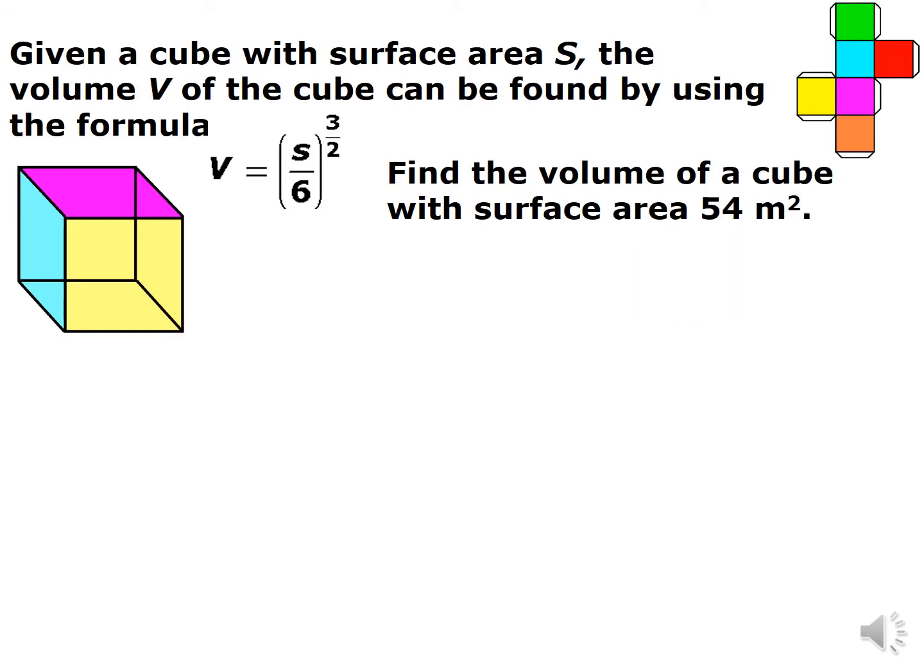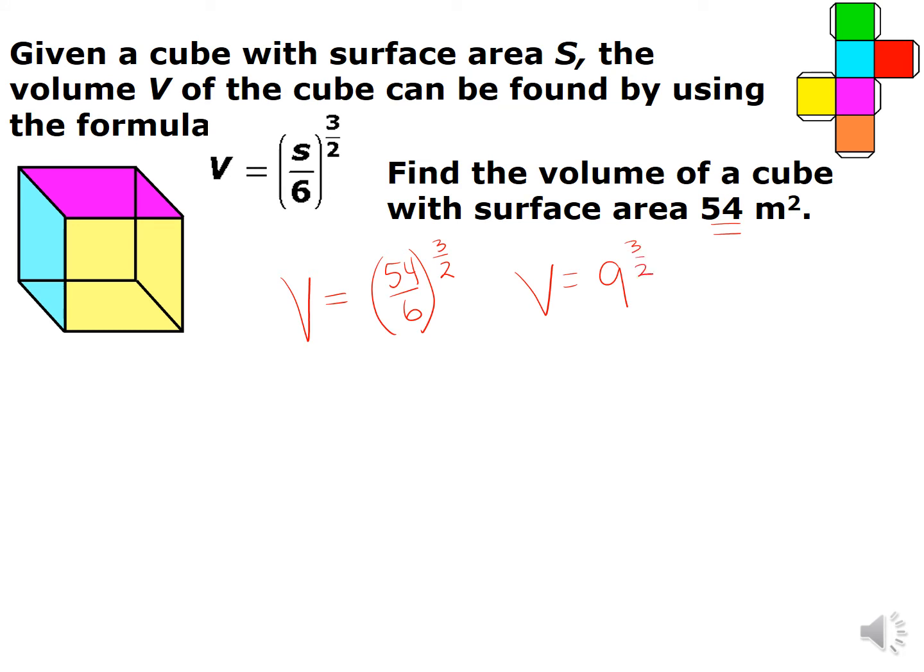Okay, when you're solving a word problem, the biggest mistake that kids make is they plug in the number into the wrong place. So be careful. So this one says the surface area is 54. So I'm going to keep that in parentheses because the first thing I want to do is simplify. So volume equals 9 to the 3/2.